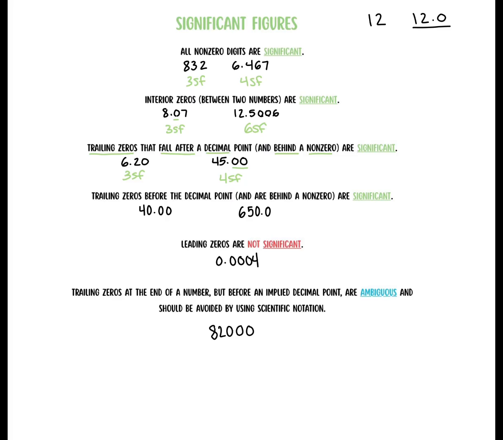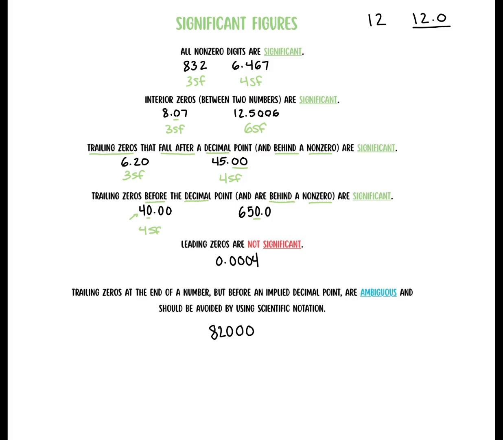Rule number 4 states that trailing zeros that fall before the decimal point and are behind a non-zero are significant. So that would be these zeros right here that are before the decimal point, but that are behind a non-zero. That means that we're going to have 1, 2, 3, 4 sig figs. Why 4? Well, because we're applying rule number 1, 4 is a non-zero.